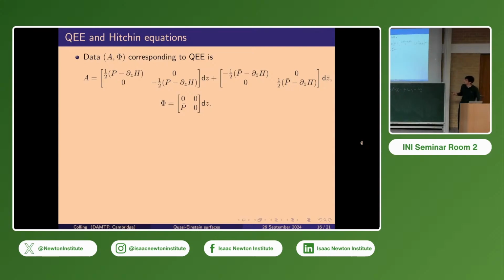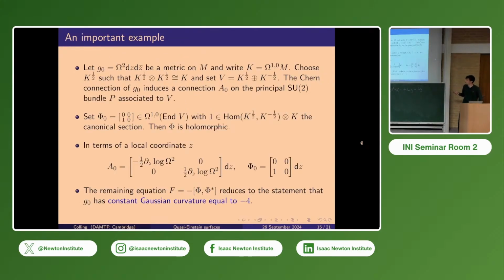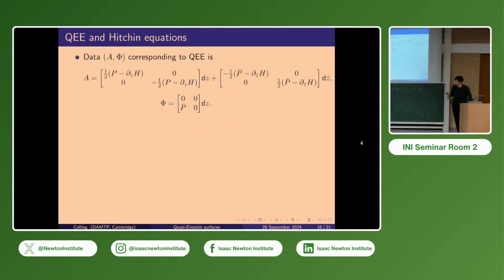Now you can see that this connection actually takes values in a U1 subalgebra of SU2. So this is a suggestion that maybe this connection is defined by some metric, and so maybe we can find a gauge transformation from this A and phi to the A and phi that we had here for some omega. And it turns out that you can.